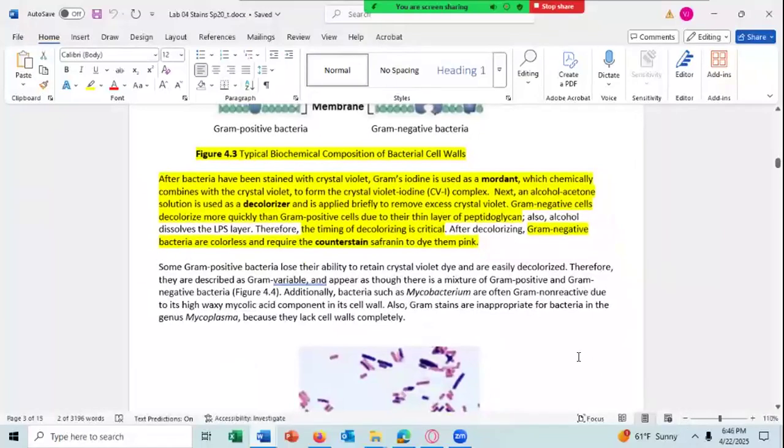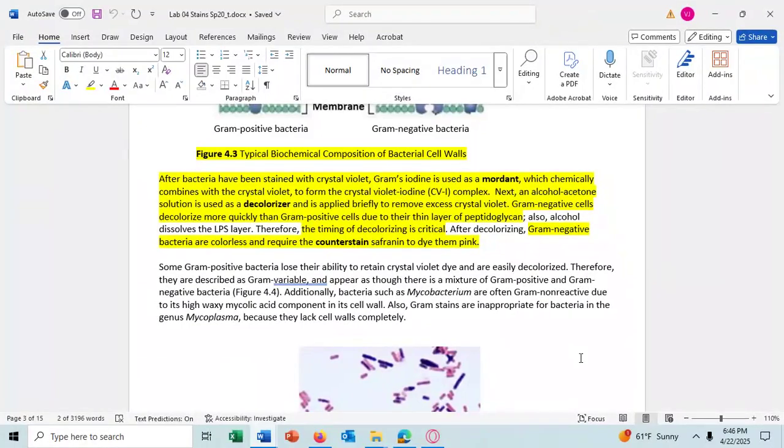After bacteria have been stained with the crystal violet, all the bacteria will stain purple, either the gram-positive or gram-negative cells. And then Gram's iodine is used as a mordant. It will chemically combine with the crystal violet to form a larger complex, the crystal violet iodine complex.